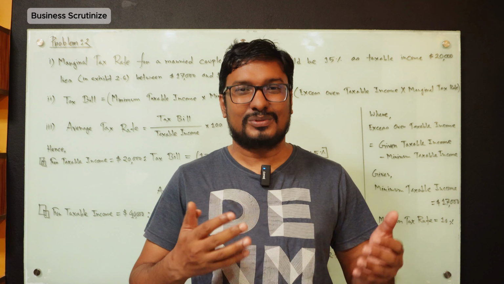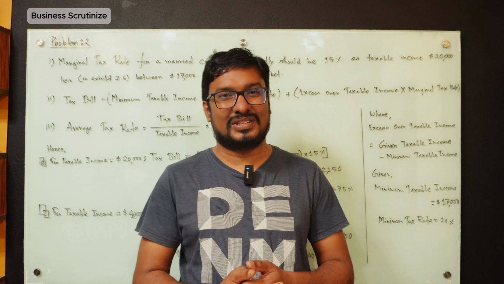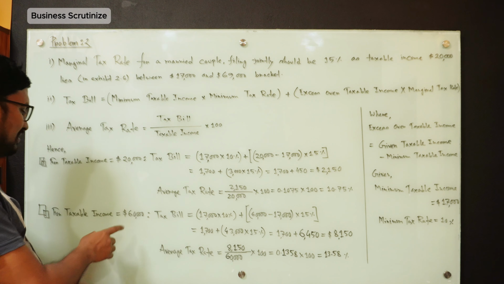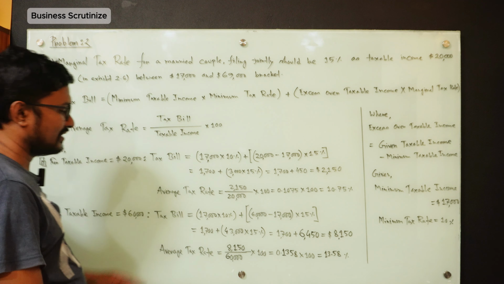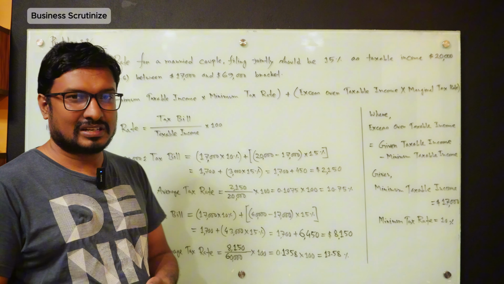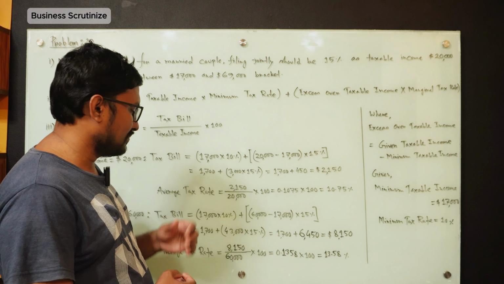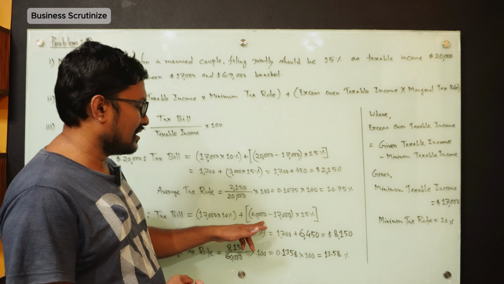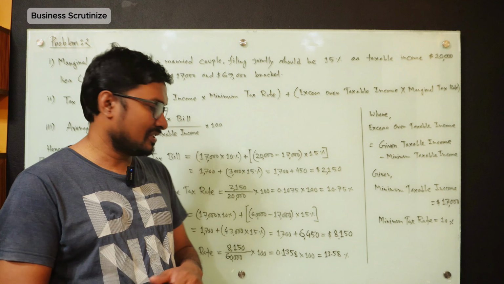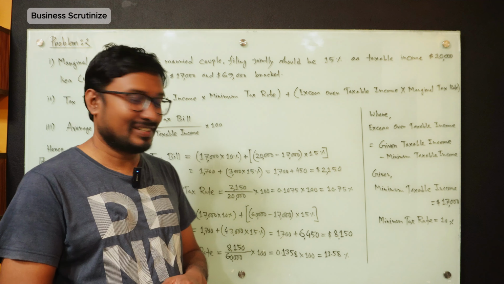Lastly, we will see the tax bill and the average tax rate when taxable income is 60,000. When taxable income is 60,000, the tax bill is again 17,000 times 10%, the minimum taxable income multiplied by the minimum tax rate, plus 60,000, which is the given taxable income, minus the minimum taxable income 17,000, times the marginal tax rate of 15%.